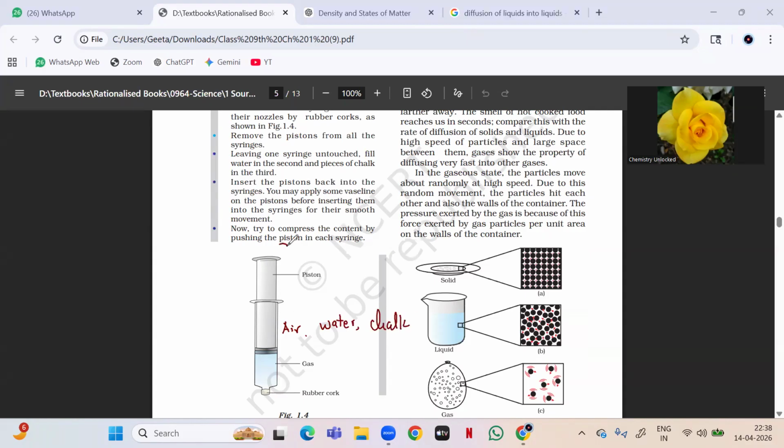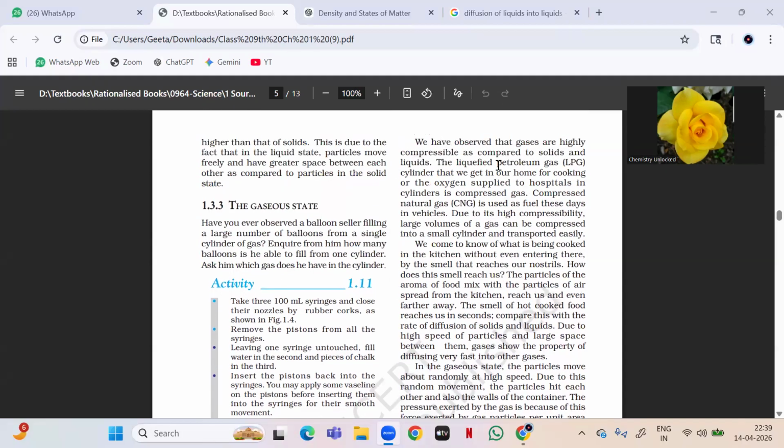Now if you try to push the piston, which will be pushed easily? The syringe with air will be very easily compressed, whereas the water will show some resistance and the chalk will not move at all. So what does this prove? That the compressibility of solids is minimum and the compressibility of gases is maximum.